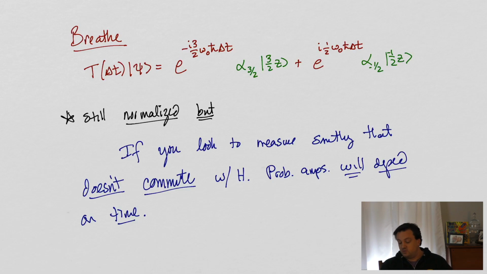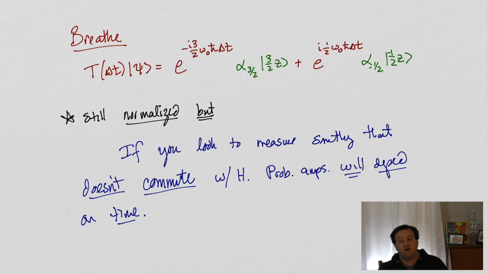And in fact, when you look at this and you say, well, Tom, these kind of look like phases. So if I tried to measure the spin of this state in the z direction later, it doesn't look like the probabilities would change very much. And that's true, although the probability amplitudes have changed.